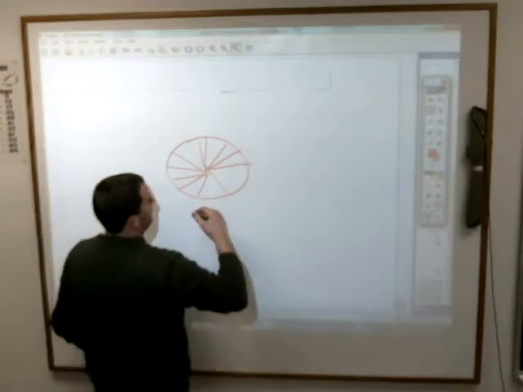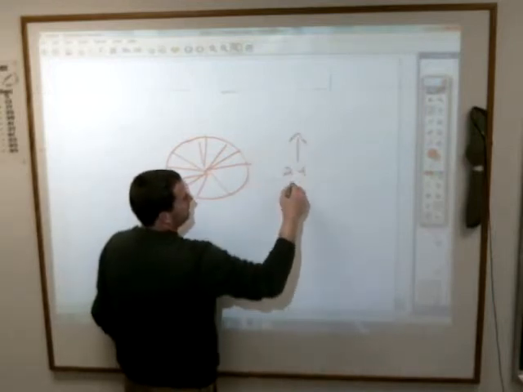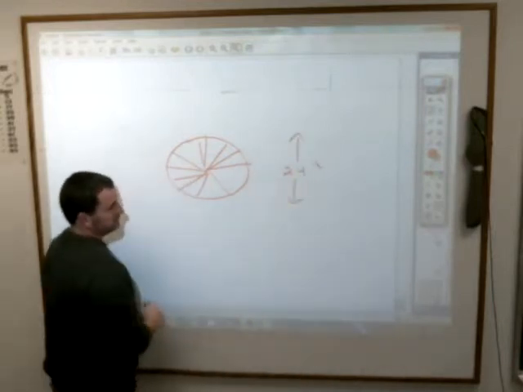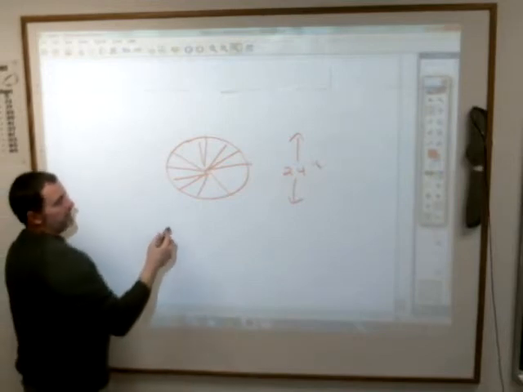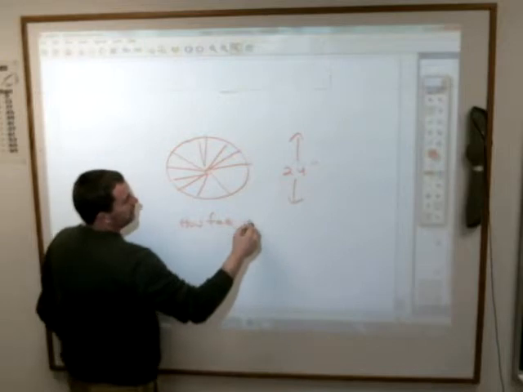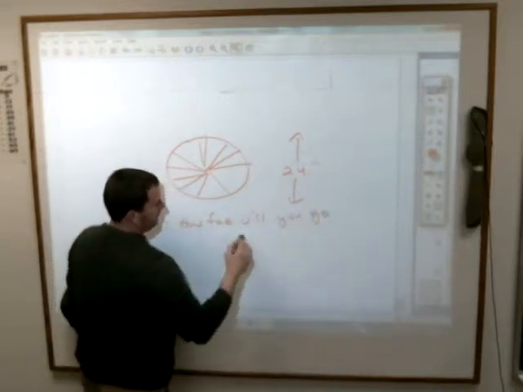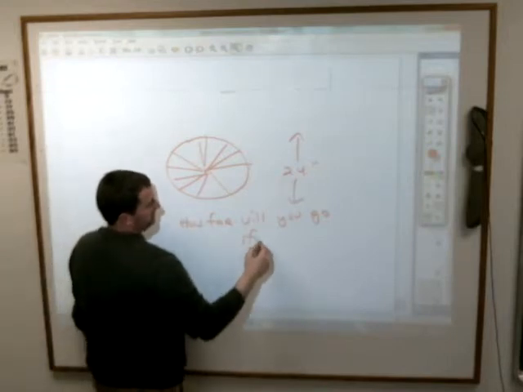Let's say a bike tire is 24 inches high. How far will you go if the bike tire goes around once?